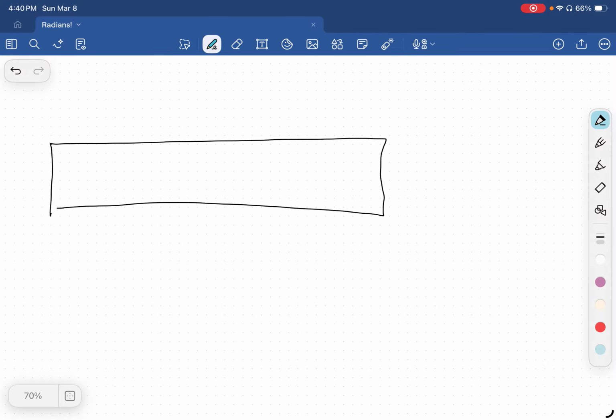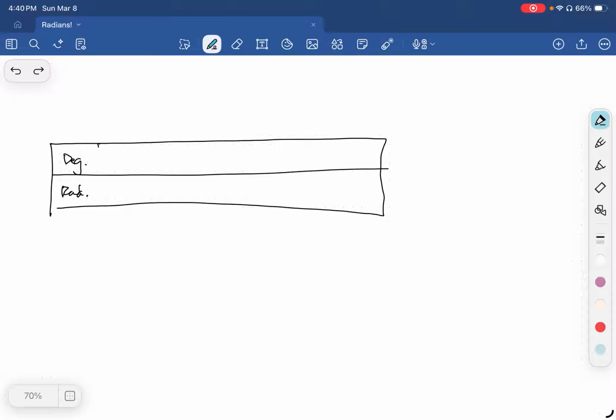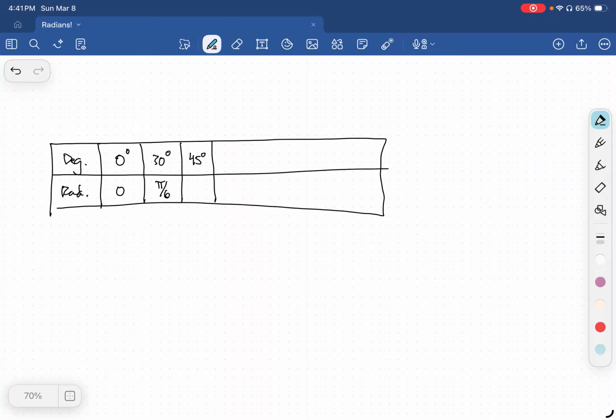Okay, and eventually there are going to be some angles that you'll just have memorized in terms of what they are in degrees and what they are in radians. So I'll just mention some of those. So of course, 0 degrees is 0 radians. 30 degrees is going to end up being pi over 6 radians. 45 degrees is going to end up being pi over 4 radians. 60 degrees is going to be pi over 3 radians. 90 degrees, pi over 2 radians.